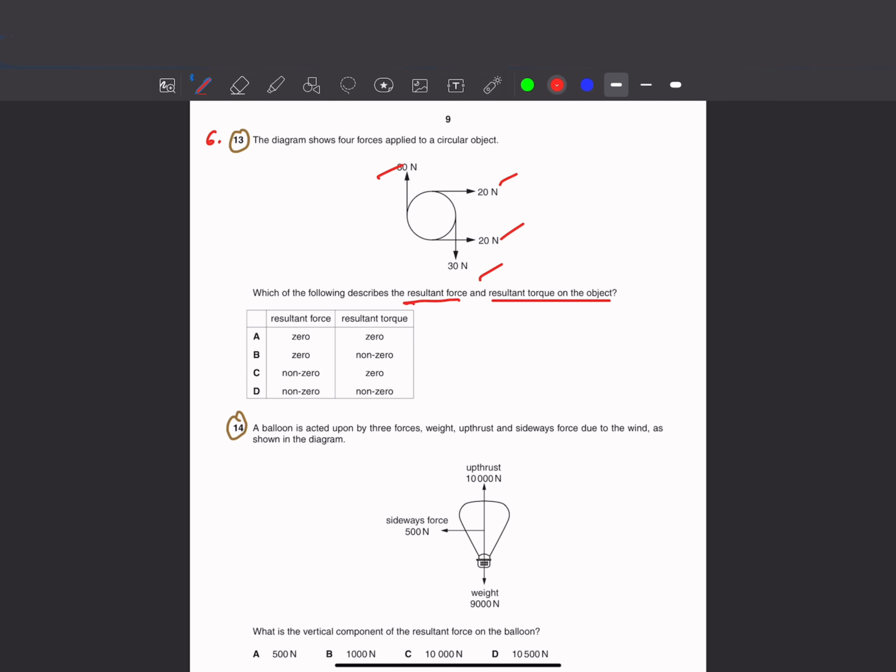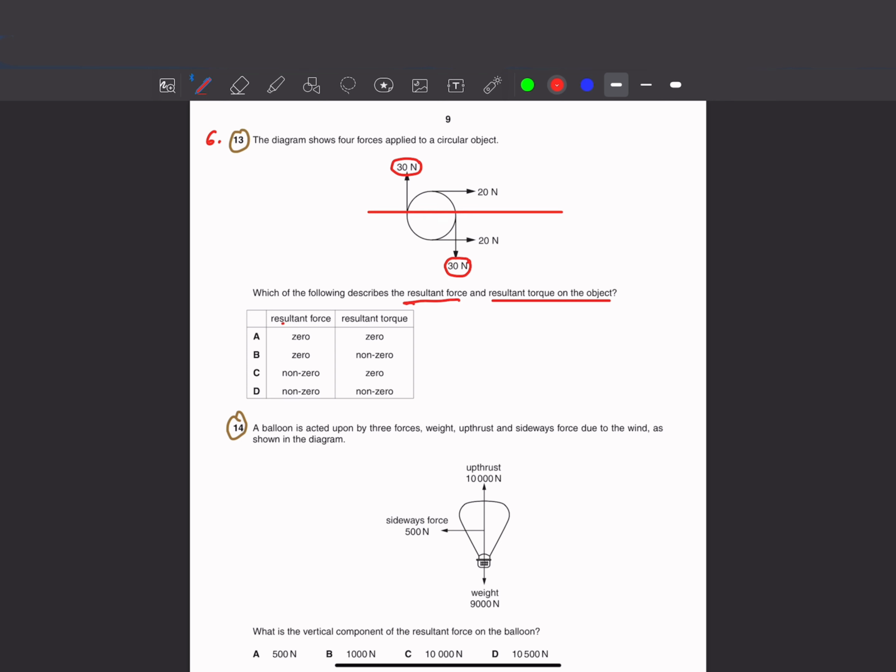So simply they are asking what the situation is, whether the resultant force is 0, the resultant torque is 0, and so on. The simple thing is to start with the resultant force. This 30 Newton force is balancing this 30 Newton force. So as far as the vertical forces are concerned, they balance the effect of each other.